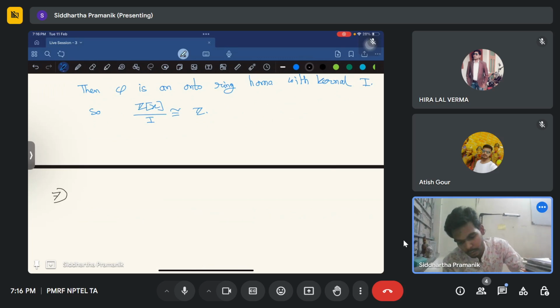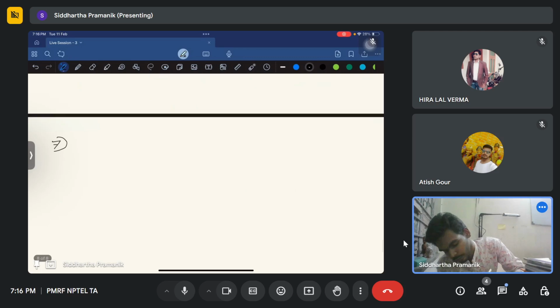So we have seen the ring of Gaussian integers Z[i], right? So it is an infinite ring. Now, if we take an element, let a plus ib belong to Z[i], and take the ideal I generated by this element.